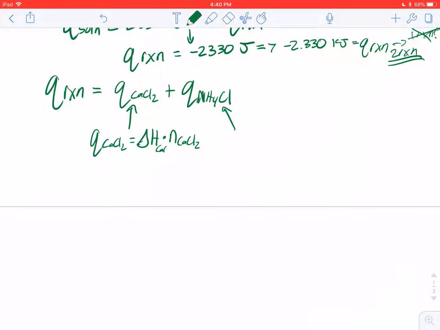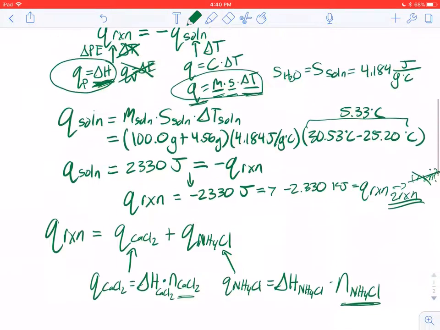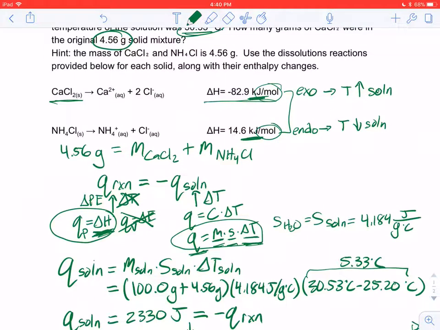Similarly, we can say for my ammonium chloride, the heat exchange there is equal to the enthalpy change when we dissolve our ammonium chloride times the number of moles of ammonium chloride. Now, why am I adding in this molar amount for each of these? Because if we go back up to our reaction, we're provided information for 1 mole of calcium chloride dissolving and 1 mole of ammonium chloride dissolving.